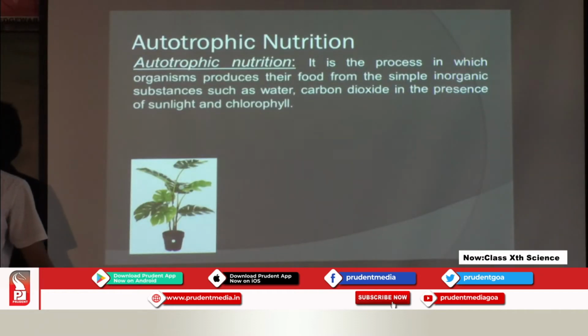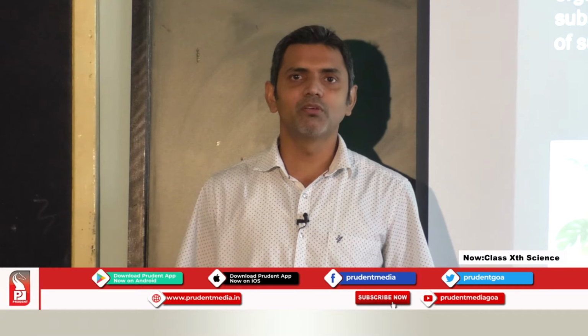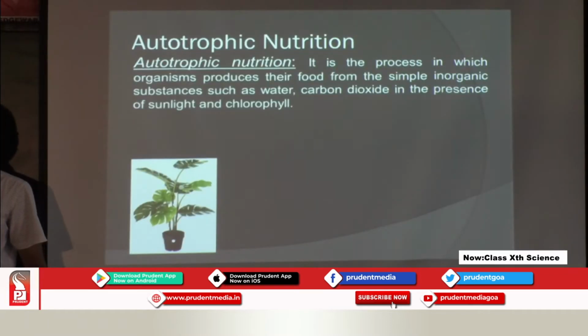The organisms in which the mode of nutrition is autotrophic, we call them autotrophs also. One of the examples is green plants, and we can see a plant here.